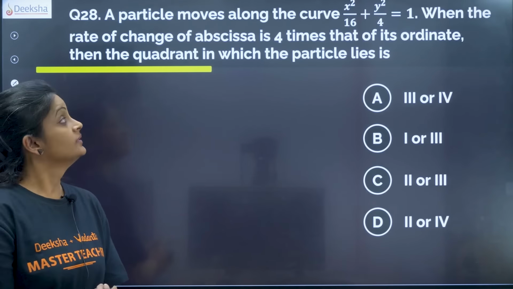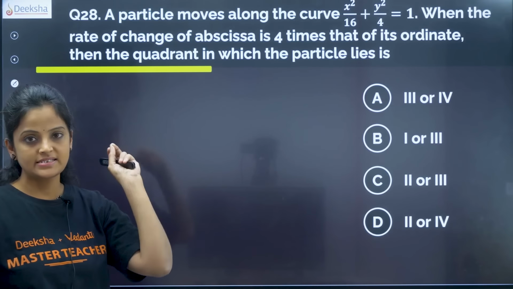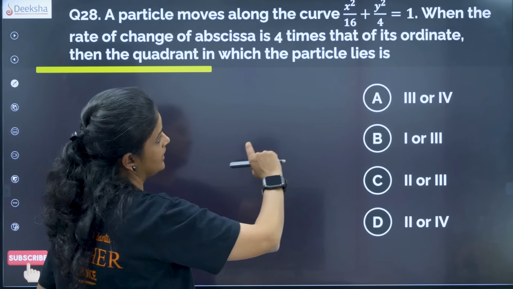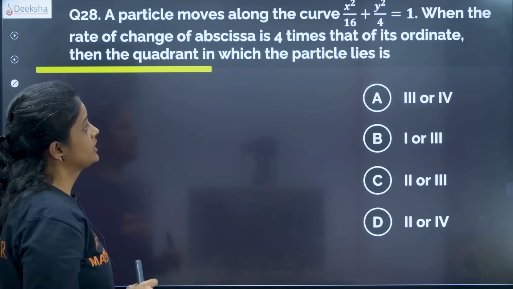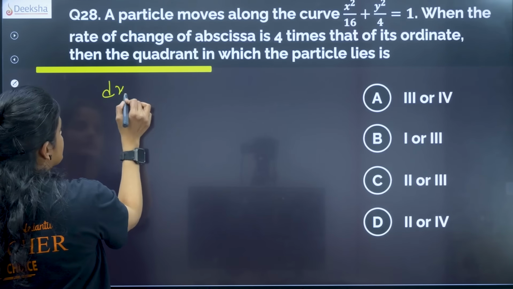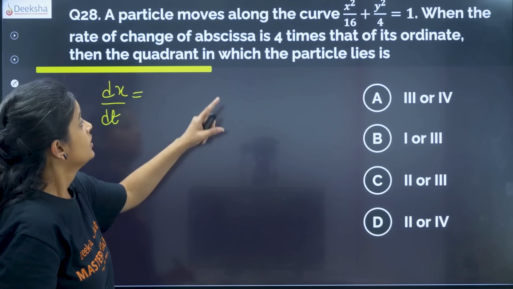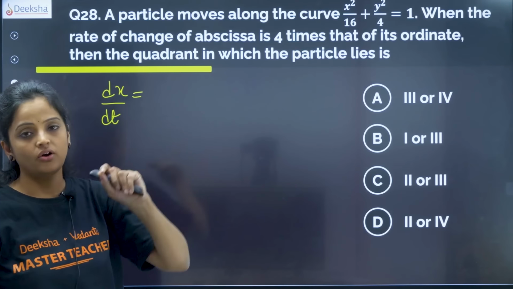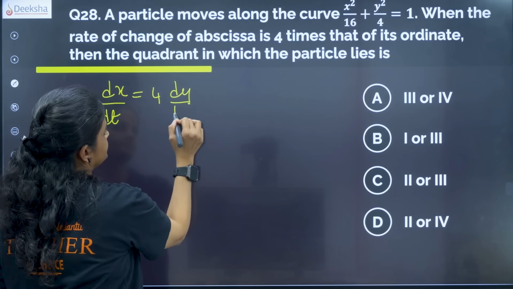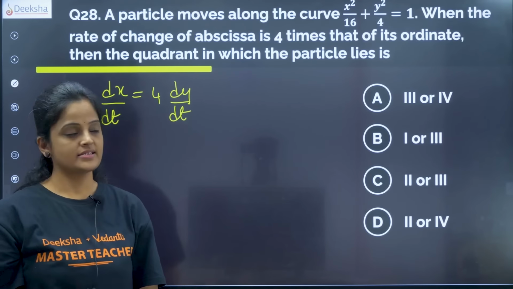See, a particle moves along the curve x square by 16 plus y square by 4 equal to 1. That is the curve they have given. When the rate of change of abscissa, dx by dt, is equal to 4 times that of the ordinate, then the quadrant in which the particle lies is what?